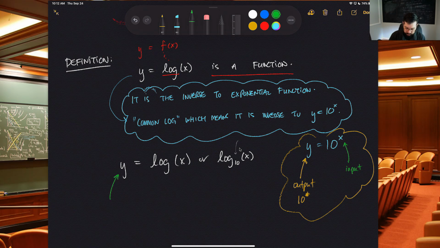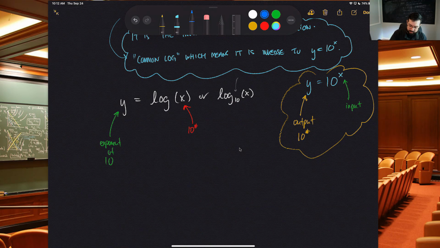The input of the other function was the exponent of 10, and the output was 10 to that number. So the way I tell my students to read this in English is: y is the power of 10 that gets you x.